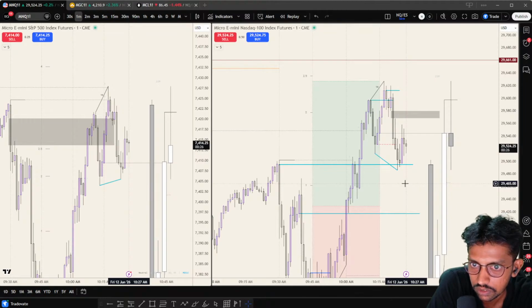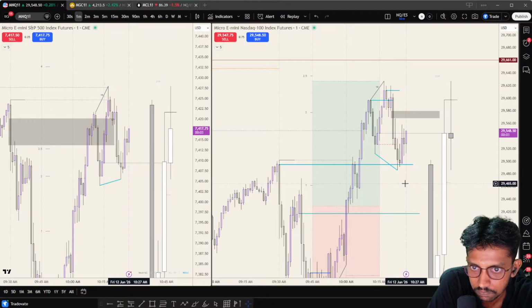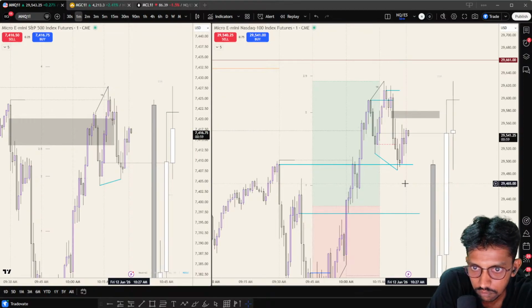Wait for a 15-minute closure. Yeah, I can't say anything. We need to. That's a good inversion if you get that, but I think it's better to wait for the 15-minute closure.